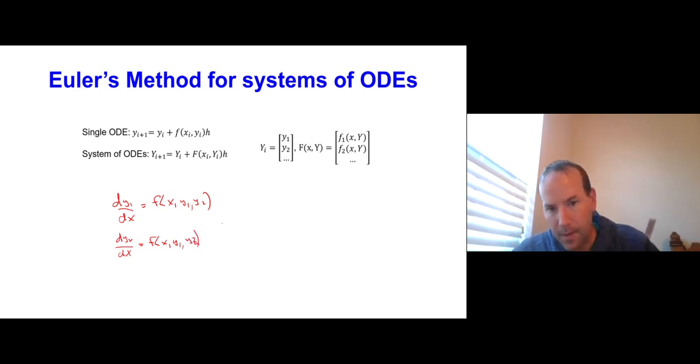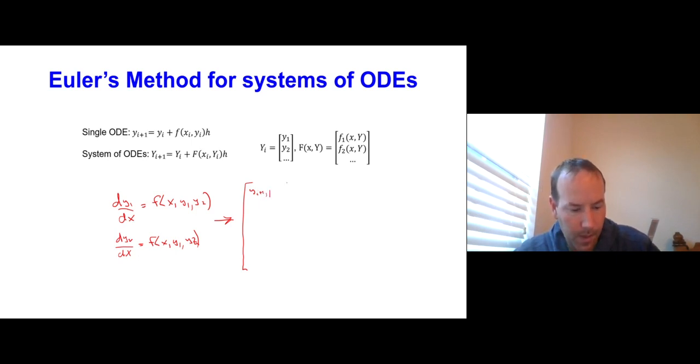Then you can put this in a matrix form. And it would actually be the same form even if you had a lot of additional terms.